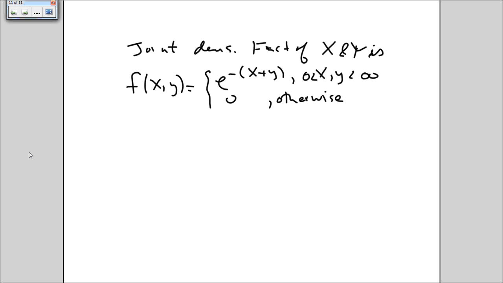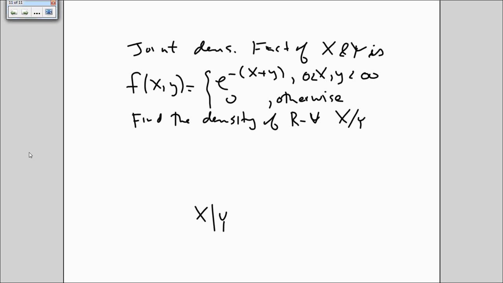So now we want to find the density of the random variable x slash y, x over y, which is different than x given y. The little slant in that line, the division line.